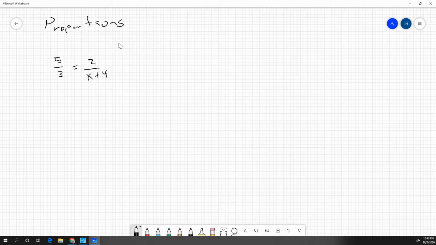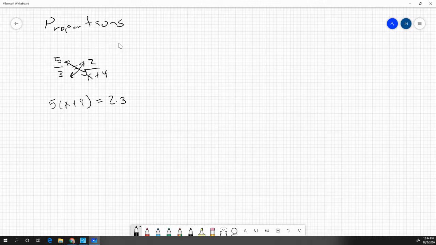If I have a fraction equal to a fraction, what I can do is put these together on one side, and then put these together on the other side. So I can go 5 times x plus 4 equals 2 times 3, right? And then we're just going to solve them like we would anything else.